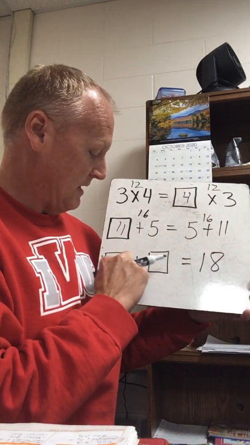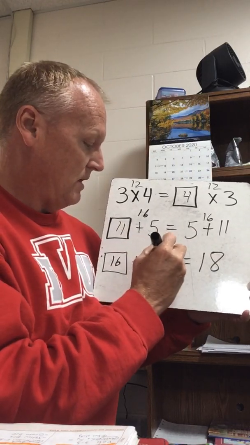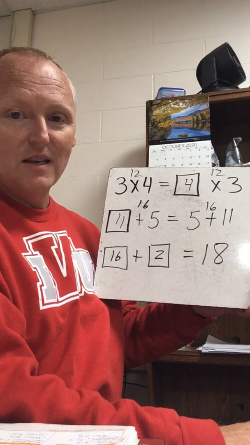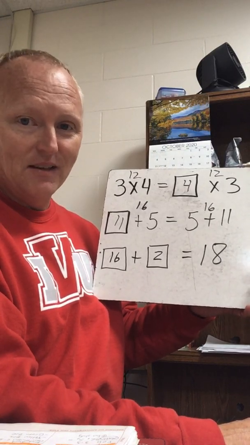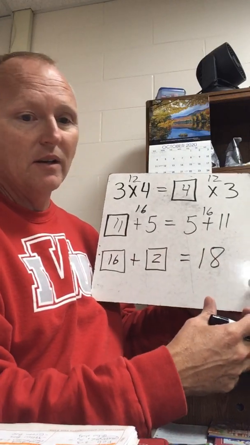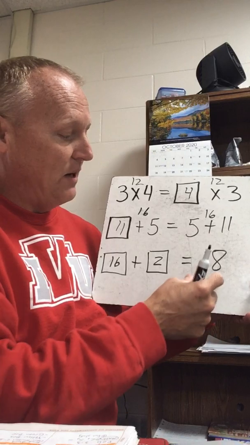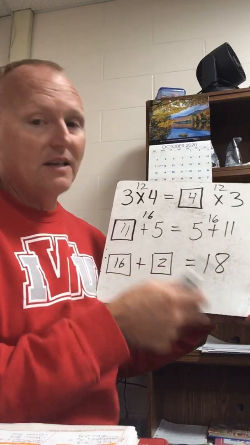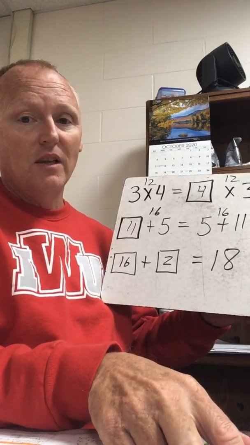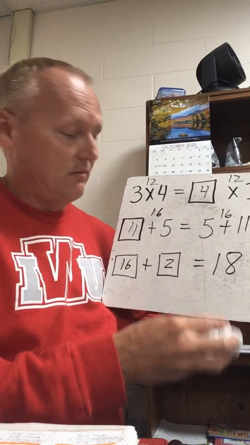Could you do 16 plus 2? Does that equal 18? It does. So that's another possible way that we could complete this number sentence to make it an equation. And it's an equation because 18 equals 18. Both sides of the equal sign are in fact equal, so that makes it an equation.